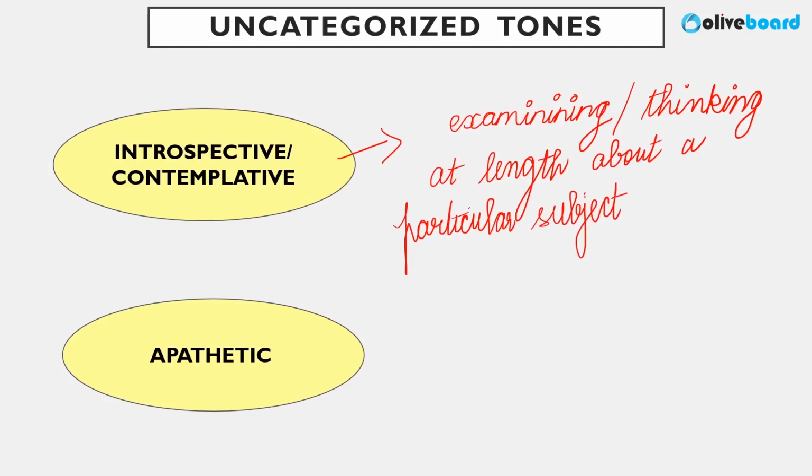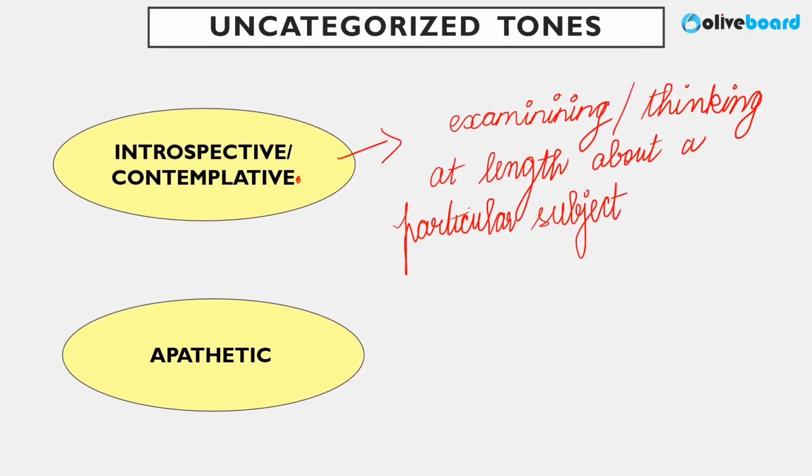Okay, in detail, thinking about a particular subject. Right? So usually you will find words like wondering about it, or contemplating, thinking about it. So contemplative is also mentioned. Contemplating is thinking at length about a particular subject, wondering how things can be or how an event happened. So all these things are a part of your introspective, or you can say contemplative tone.